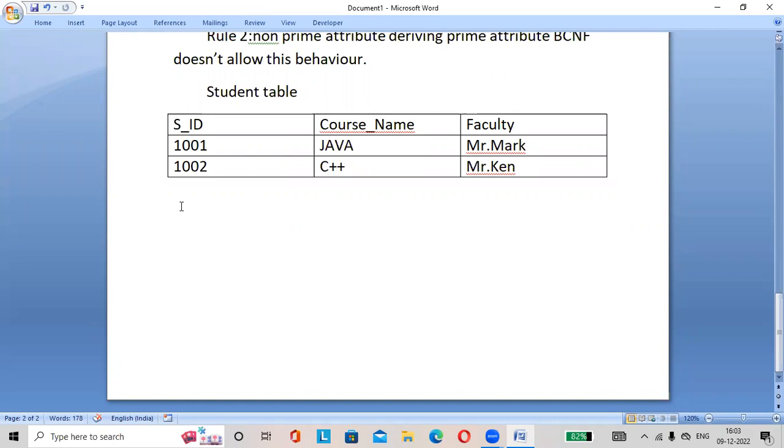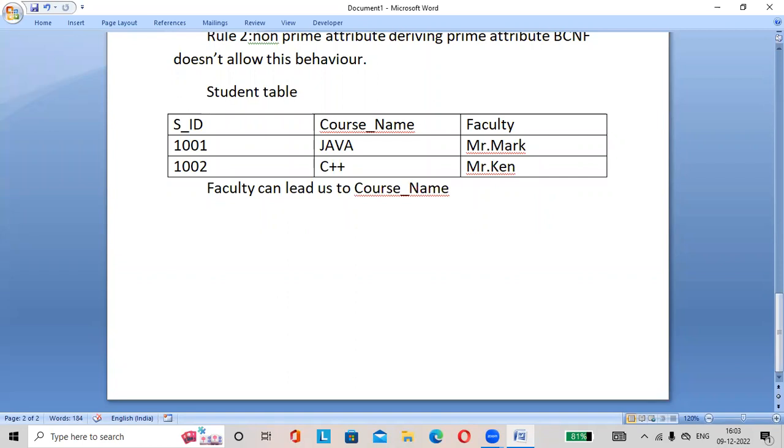If one faculty is teaching one course, we can find the course name. Yes or no? Definitely, ma'am. Faculty can lead us to course name.